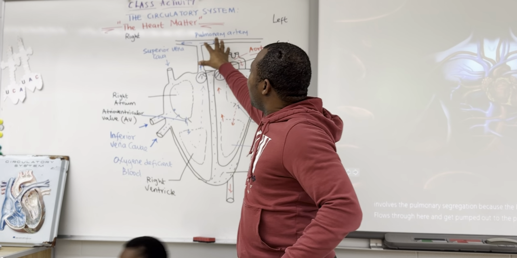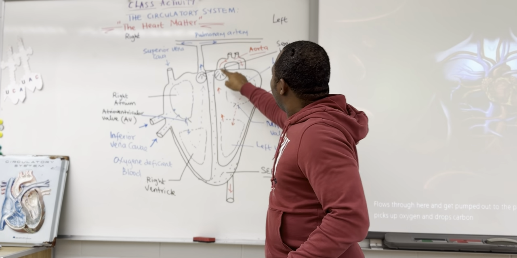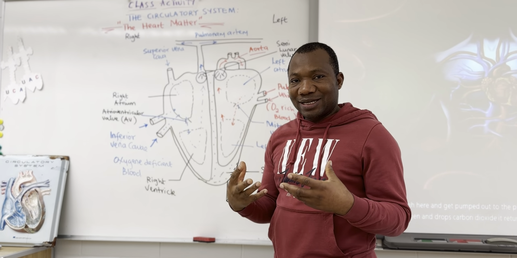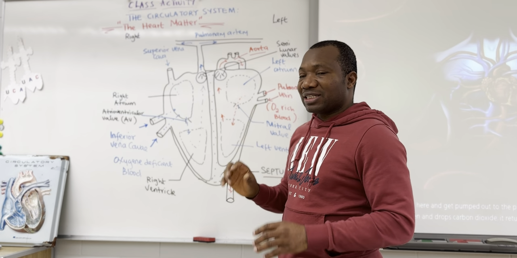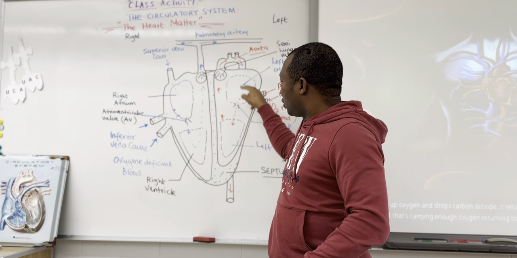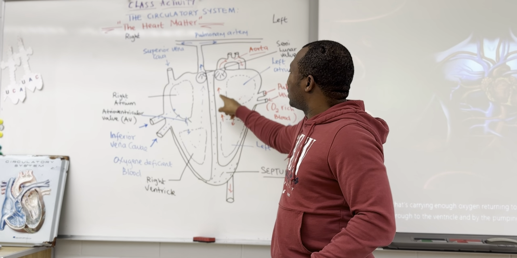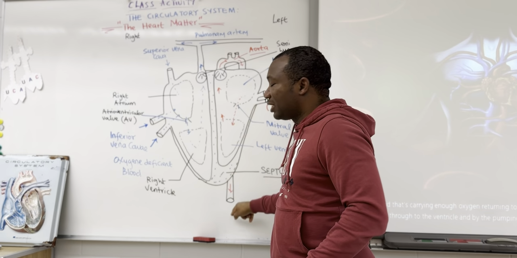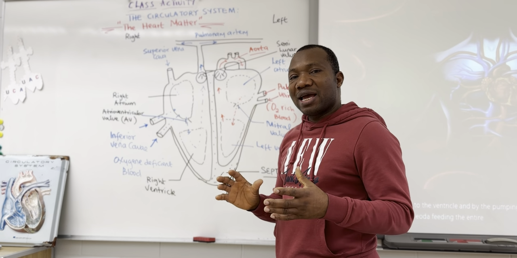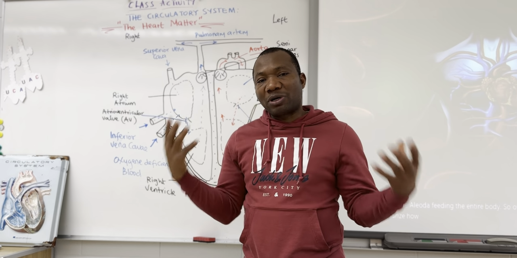And then when it picks up oxygen and drops carbon dioxide, it returns here as freshened blood, carrying enough oxygen, returning to the left heart through the atrium. It goes through to the ventricle, and by the pumping of the heart, it exits through the aorta, feeding the entire body. So over here, we've been able to summarize how blood is pumped around the body.